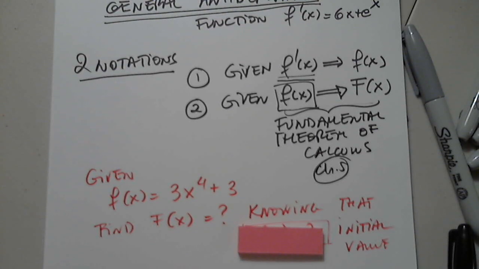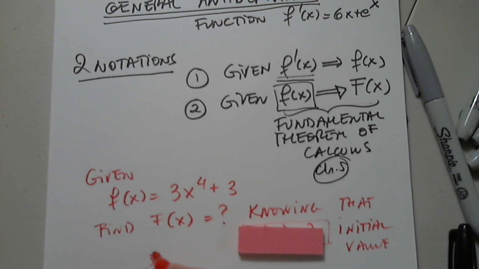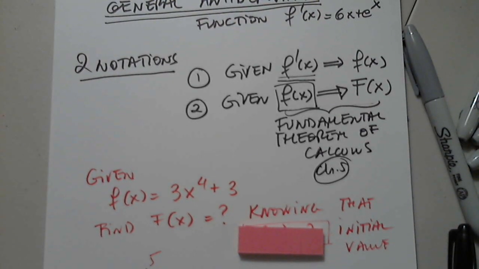So now, which function prime will be x to the 4th? X to the 5th over 5. Because when we differentiate, we bring down 5, it cancels. We subtract 1 from the power, and we get this.